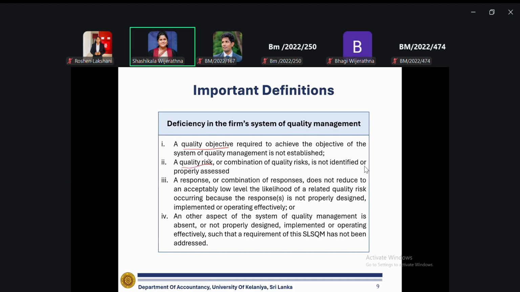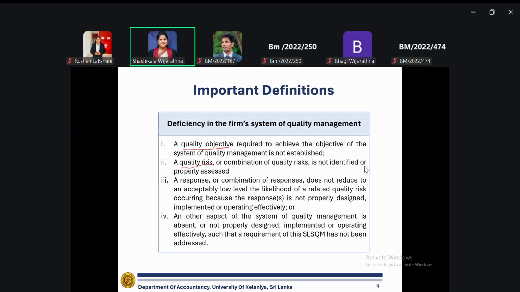That is basically, if you take the core of the definition, those are something which prevent us from achieving the quality objectives. Okay, so once we identified the quality related risk, we should identify what should be our responses.